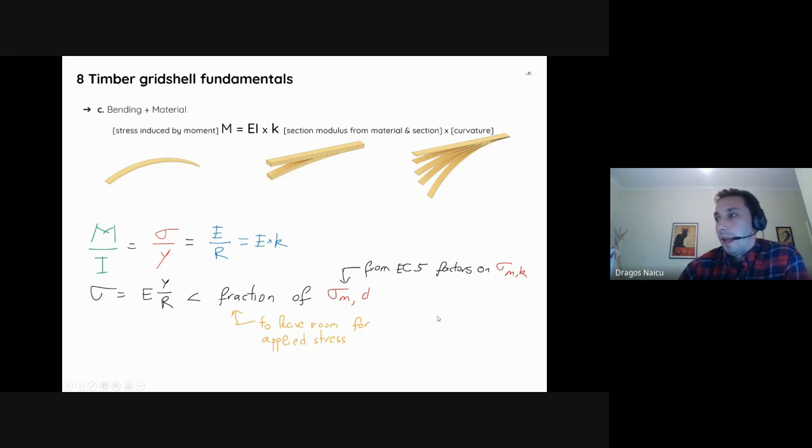We need to keep that, if we're working with Eurocode, to a fraction of the permissible stress of the material, which is derived from the characteristic stress of the material plus safety factors, in this case in EC5. I say a fraction because we also want to leave room in the section for stresses caused by external loads. So not take everything to 100% capacity in bending and then a strong gust of wind comes and there's no more capacity to take extra loads.